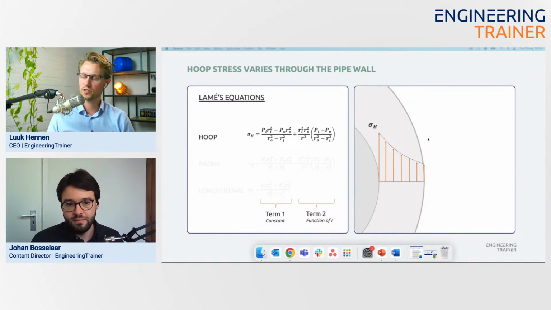What I also find interesting is that this hoop stress, so the maximum hoop stress, the absolute value of this, is the maximum stress of any of these components, in any case, basically.